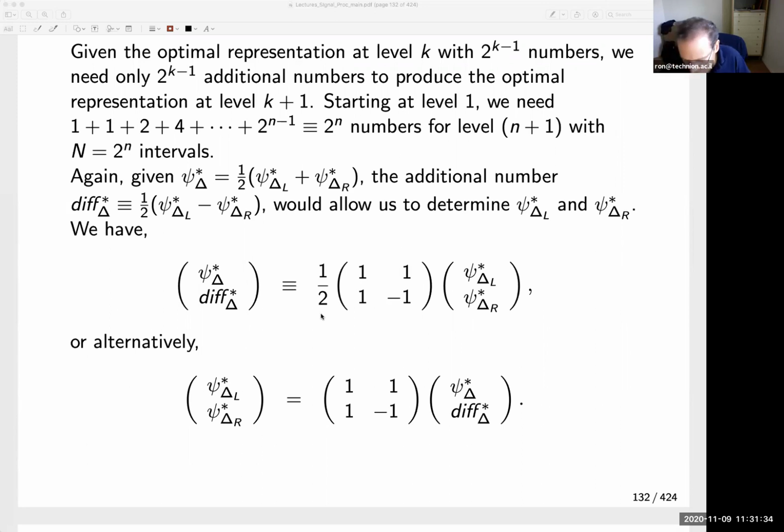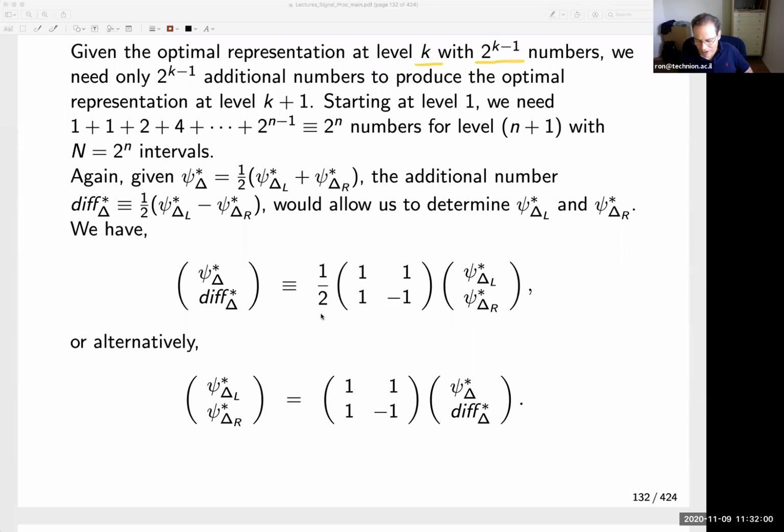So now, brutally, what we do is jump to the kth level with 2 to the power of k minus 1 numbers. And the question is how many numbers we need, knowing all the coarse resolution, in order to completely span the whole 2 to the k elements.